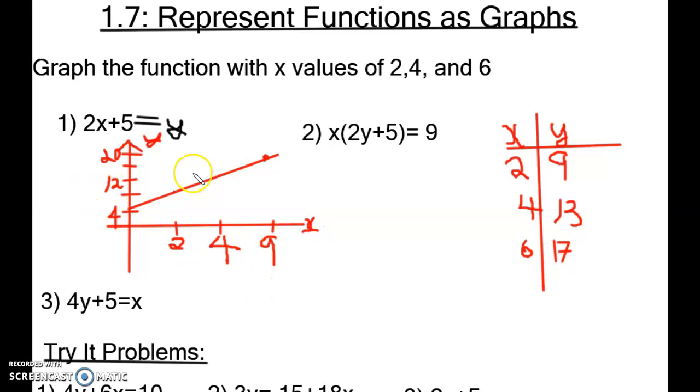Now, sometimes they'll ask you to predict the y value when x is negative 5, right? So instead of basing it off of the graph, and tracing your way all the way back and assuming it, you can just plug that in.